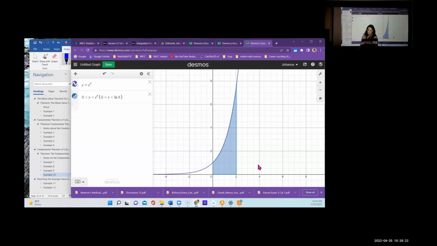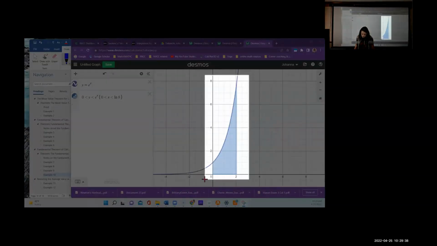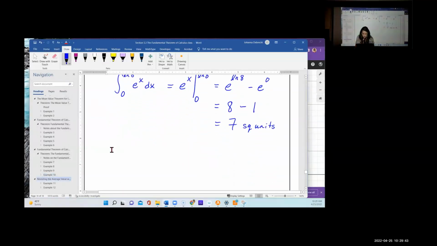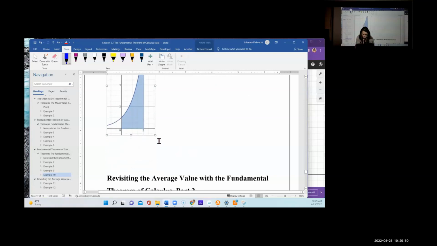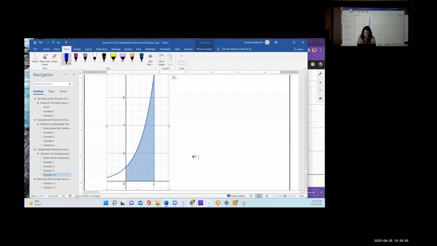So if I were to take a picture of this, if I can find my snipping tool, and we were to substitute the picture back onto our sheet, let's blow it up a little bit, make it a little larger. All right, so I can get the whole thing on there pretty much.